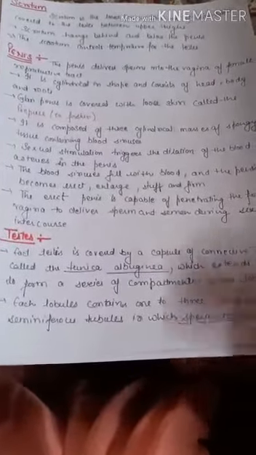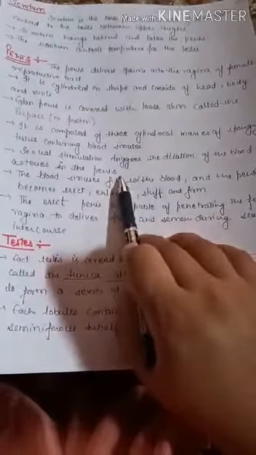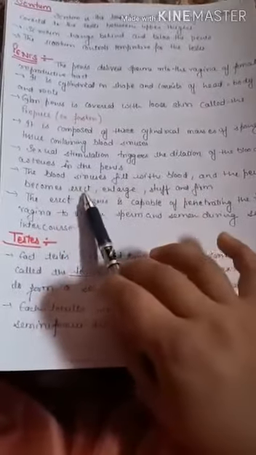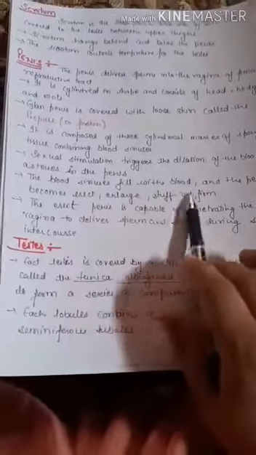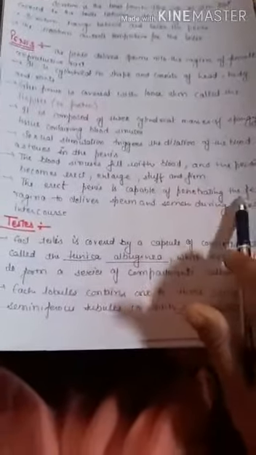Sexual stimulation triggers the dilation of the blood arteries in the penis. The blood sinuses fill with blood and the penis becomes erect, enlarged, stiff, and firm. The erect penis is capable of penetrating the female vagina to deliver sperm and semen during sexual intercourse.